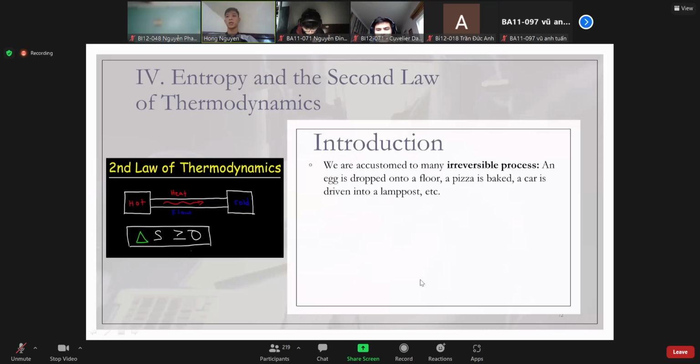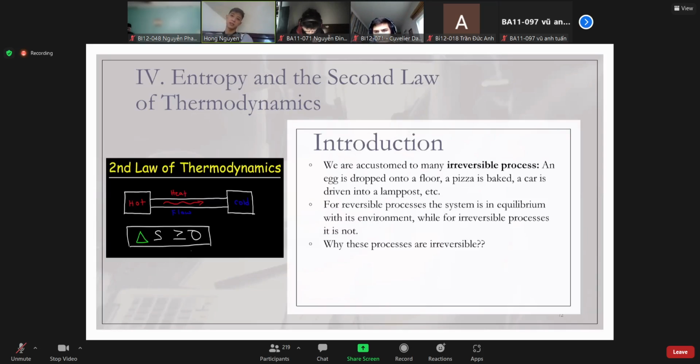So that's one way for us to explain: we use the notion of entropy. If we understand what entropy is, we can use the notion of entropy to explain the direction of irreversible processes.